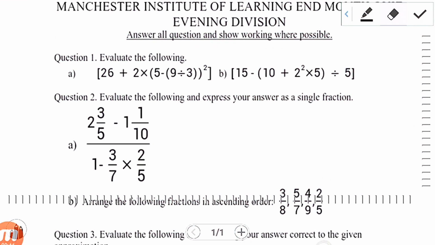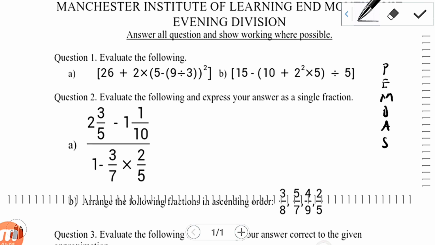So the first question that you're seeing on paper here is in fact the application of the PEMDAS rule. All my students would have already been familiar with the concept of PEMDAS. It's really a rule that allows us to know what operation should be done before what operation.